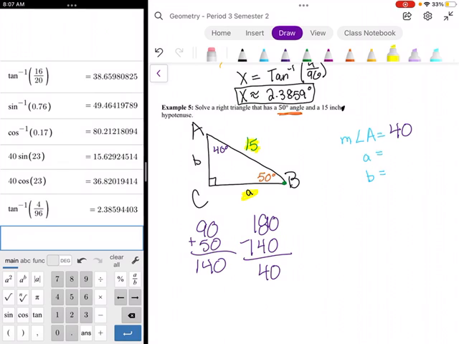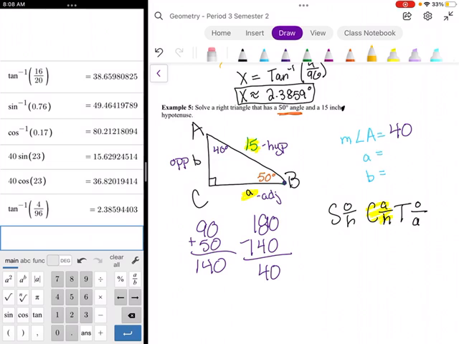And if I label my triangle from point B, we would have our opposite, adjacent, and our hypotenuse. So setting up our equation from that information, looking from our SOHCAHTOA, adjacent and hypotenuse is going to be cosine.